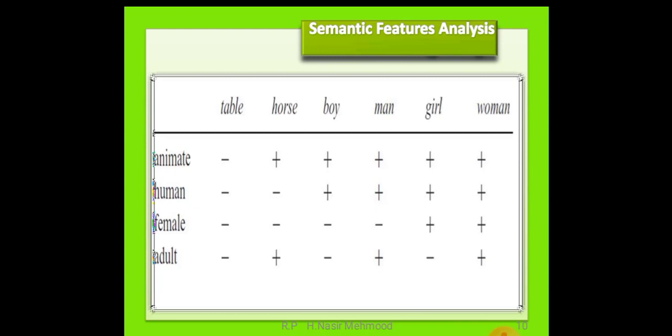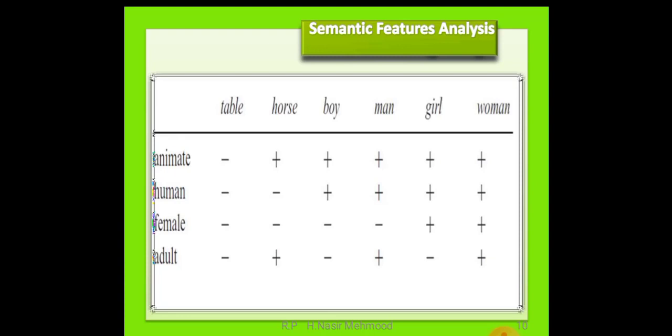So depending upon the language in which you are analyzing the semantic features, the marks of positive or negative may vary, because in some languages table may be considered a feminine entity, so then we may mark it positive. Adult: in our context, this is not adult.